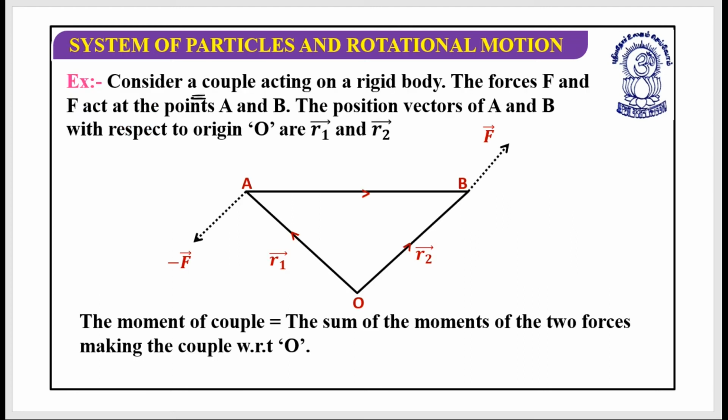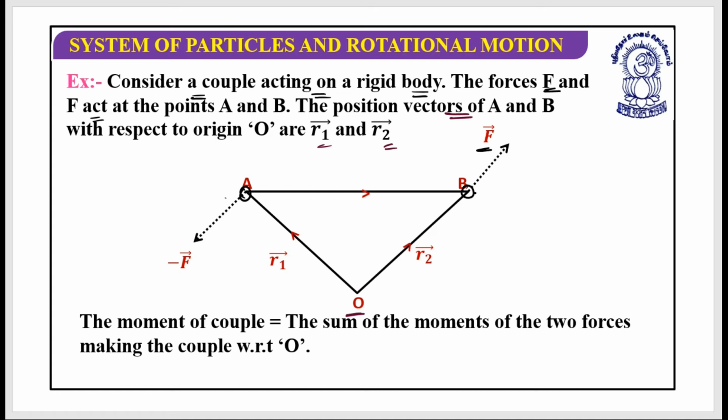Let's consider a couple acting on a rigid body, and the force is F. One of the forces acts at point A and the other force F acts at point B, and the position vectors of A and B with respect to the origin are R1 and R2 respectively.